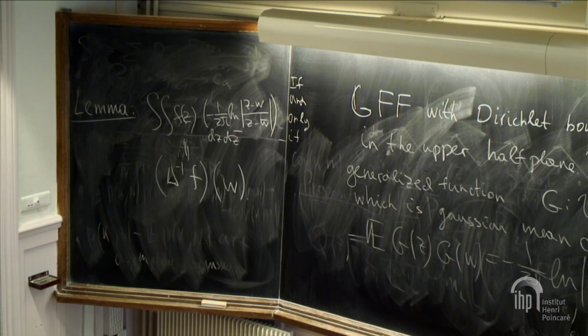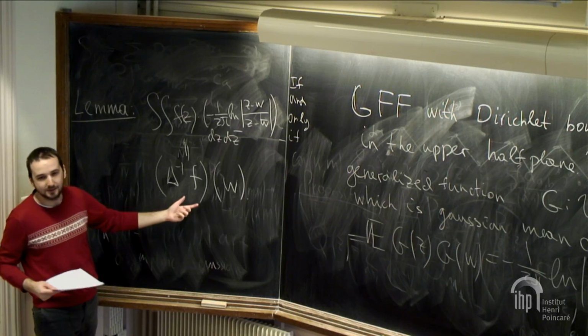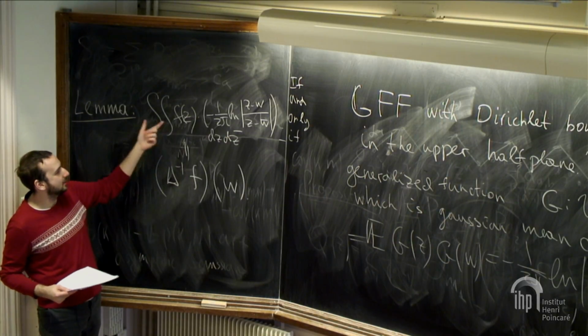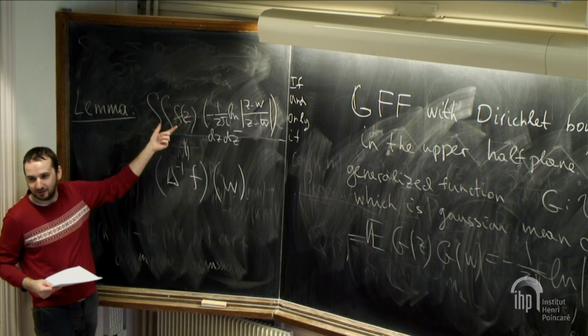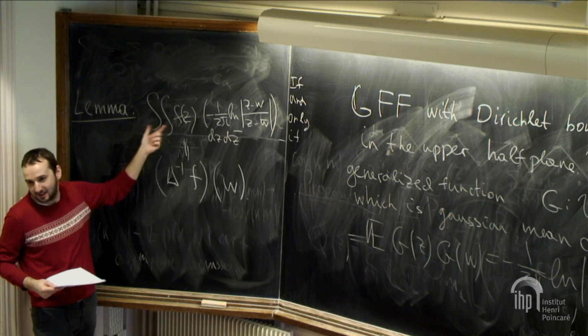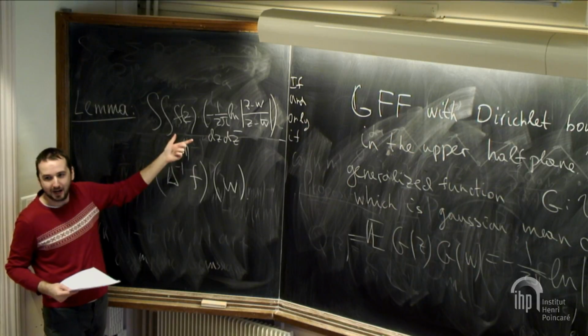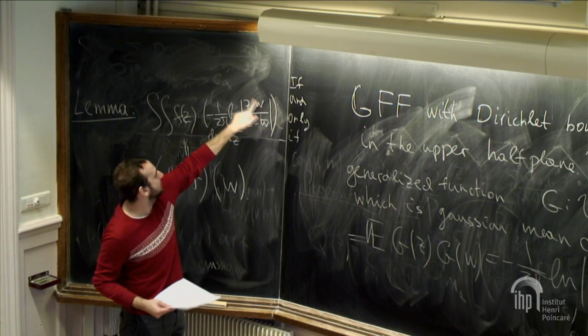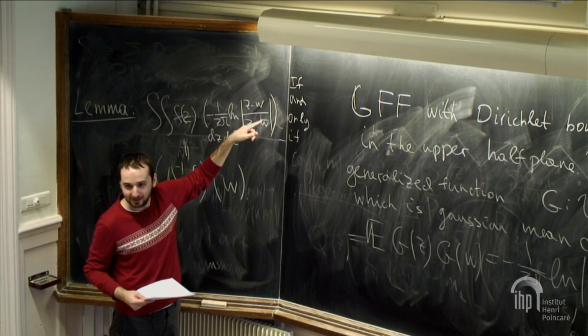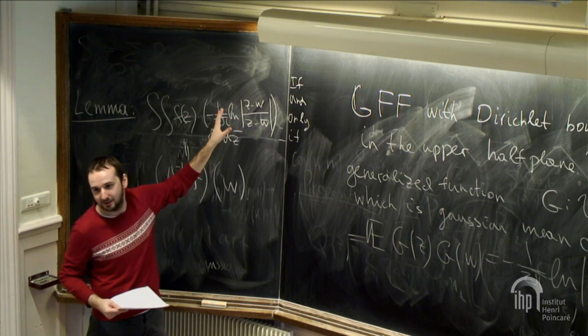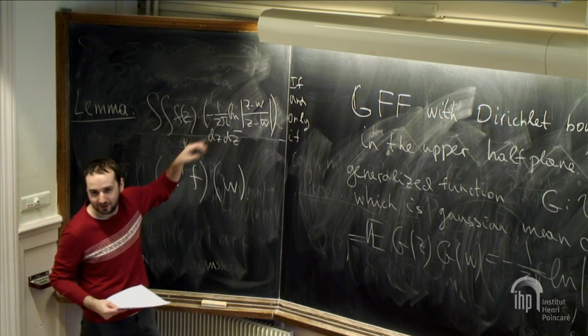You're correct. So how do you prove this lemma? Well, what does it mean to check that this thing is this? It means that you need to apply the Laplace operator to this left-hand side, and check that you get f. Well, applying the Laplace operator here is really not hard because it acts in w, so you just differentiate under the integral.